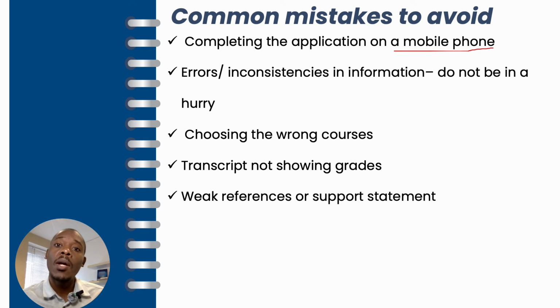If you submit weak references that are just talking about your referee knowing you and you are suitable for this scholarship, and it ends there, just 2 sentences, you are guaranteed that you are going to score a very low score in that section, and that may affect your overall selection. So please ensure that you have comprehensive references and a comprehensive support statement from the UK supervisor. The support statement is only applicable for those who are applying for the PhD.